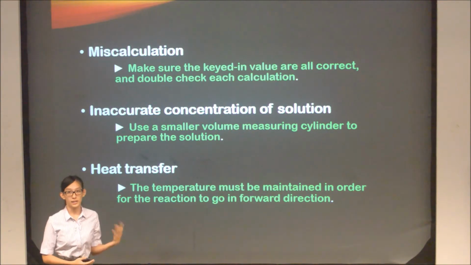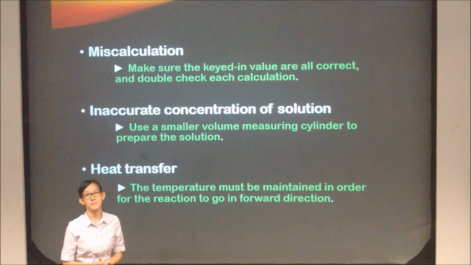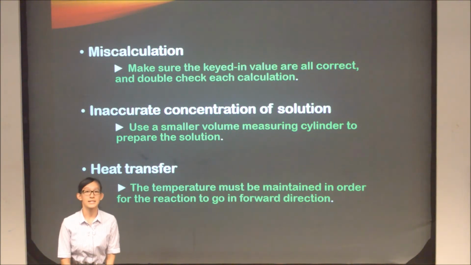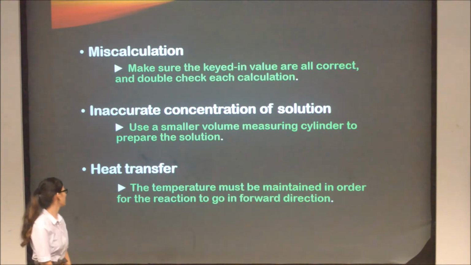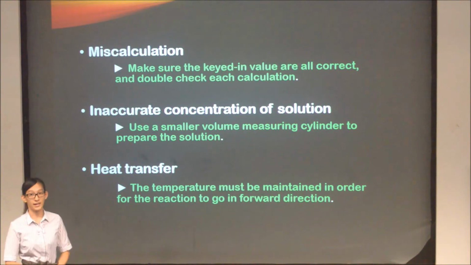To avoid this, we can use a smaller volume measuring cylinder to prepare a smaller volume scale so that it is more accurate and the concentration will not be too far from the desired value.